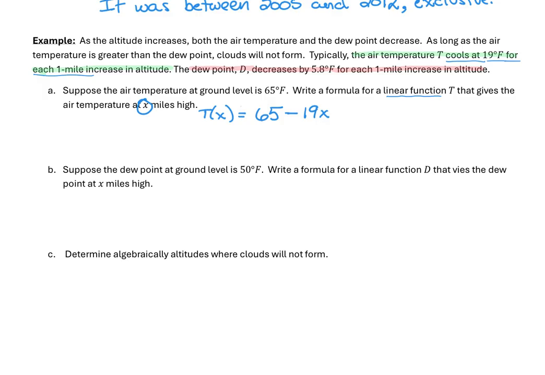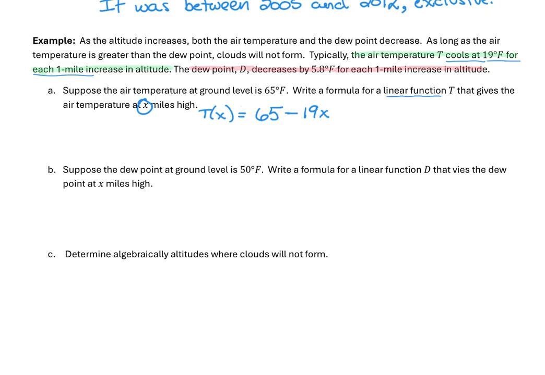All right, for part B, suppose that the dew point at ground level is 50 degrees Fahrenheit, and we want to write a formula for a linear function d that, I'm assuming, is supposed to say gives the dew point at x miles high.